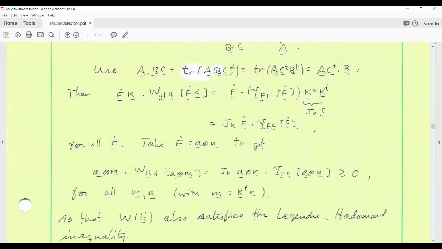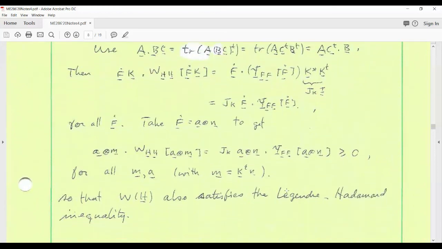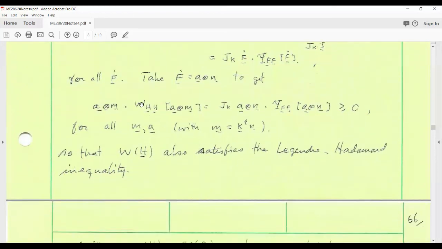Then I get d squared W dH squared, A tensor product M. Then I get this, but this is non-negative by the Legendre-Hadamard inequality. So that means W of H also satisfies the Legendre-Hadamard inequality. Arbitrary A, arbitrary M, greater than or equal to 0.